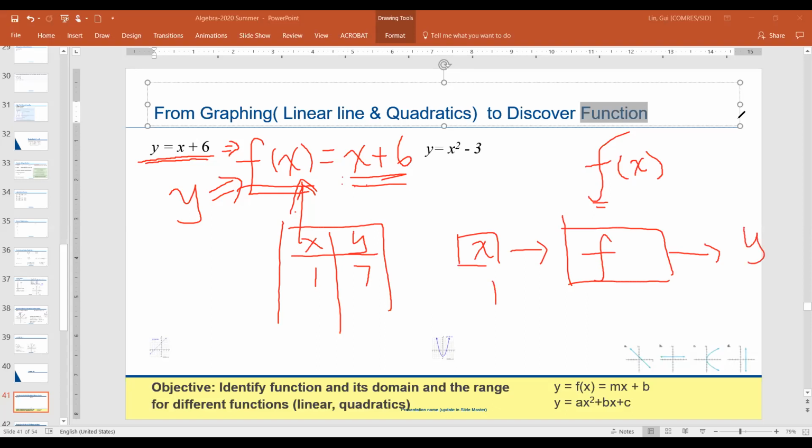So input 1, you do this calculation, and the output is 7.